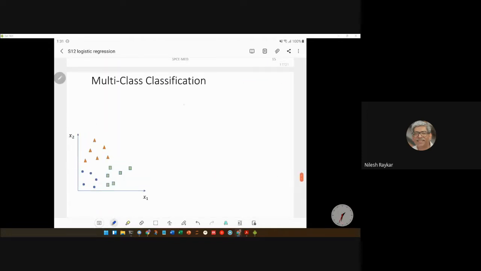What you do is define h1 theta x as the classifier function which predicts the probability of y being 0. So this gives the probability of y equal to 0. The second classifier function predicts the probability of y equal to 1, and h3 theta x predicts the probability of y being 2.